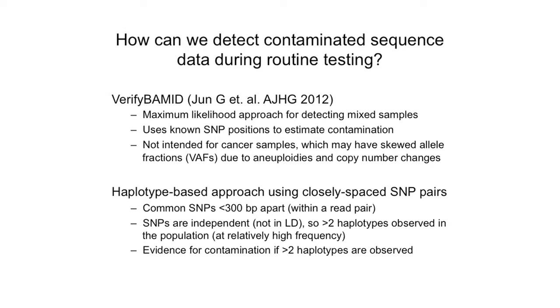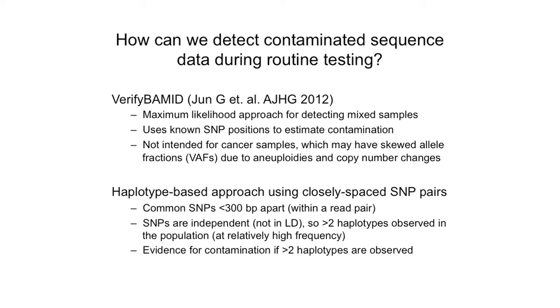And then another approach that I came up with was a haplotype-based approach, to use closely spaced SNPs that are essentially within the length of a read, and to choose SNPs that are essentially independent in the population. If two SNPs are completely dependent, then there's essentially only one or two haplotypes in the population.